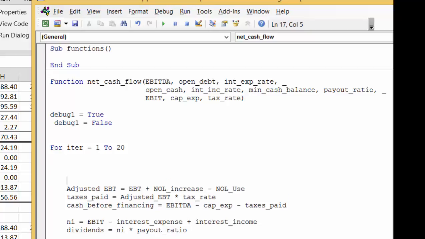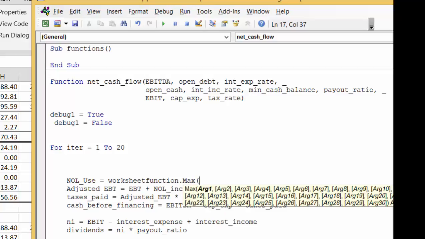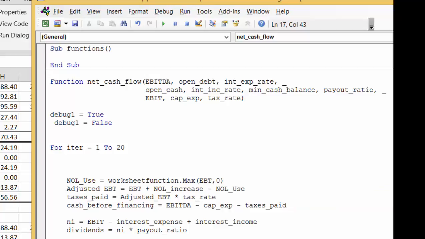And we keep going back up. NOL use equals the maximum of the EBT, 0, so we only do it when it's positive.